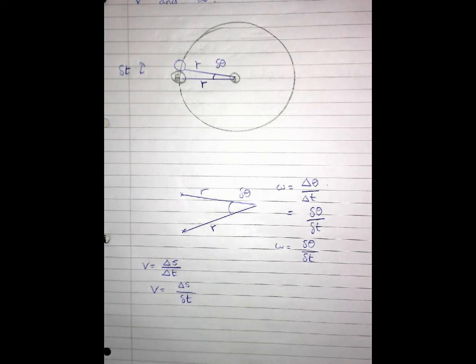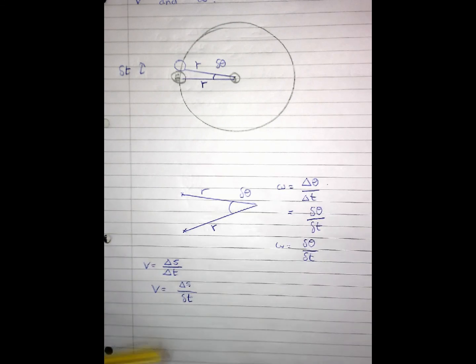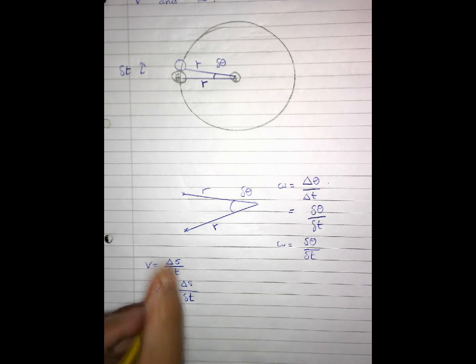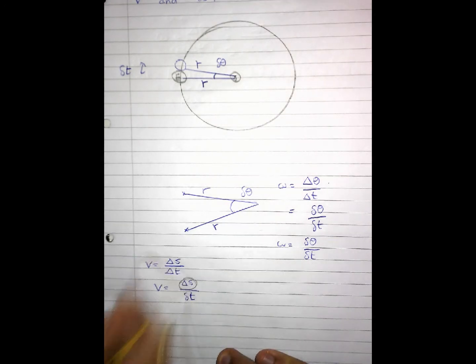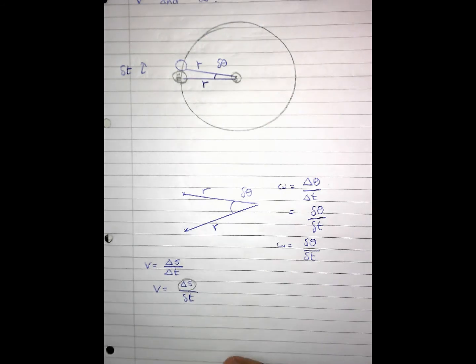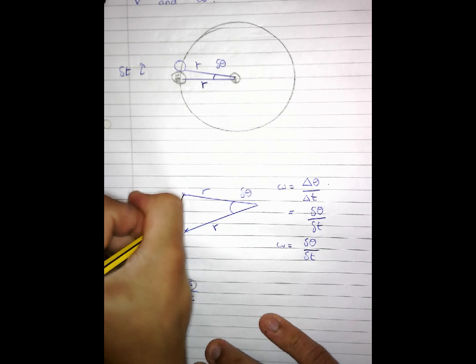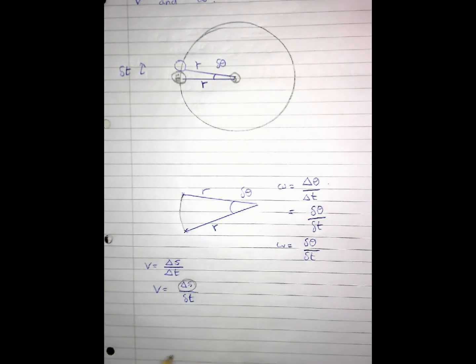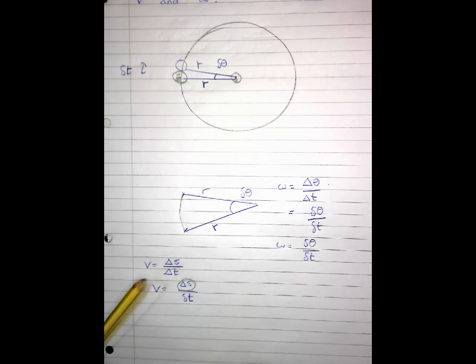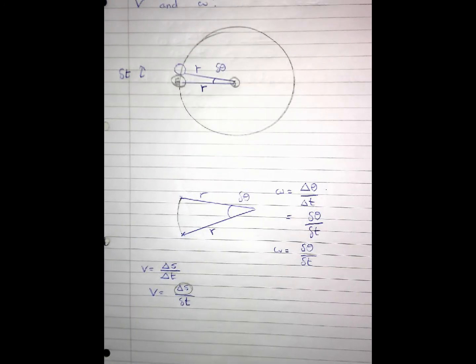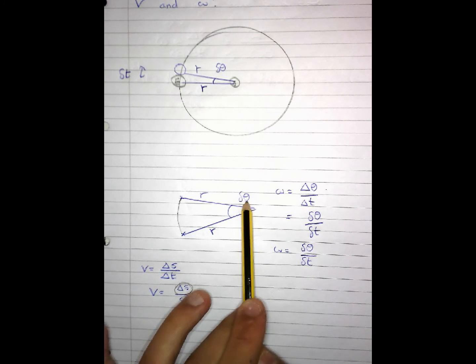Now, this is the tricky part of this derivation, and it comes down to this delta s here. Now we know that this is part of a circular path, and if I was to ask you to show the displacement on this diagram here, it would be a tricky thing to think about because we've got this small angle.